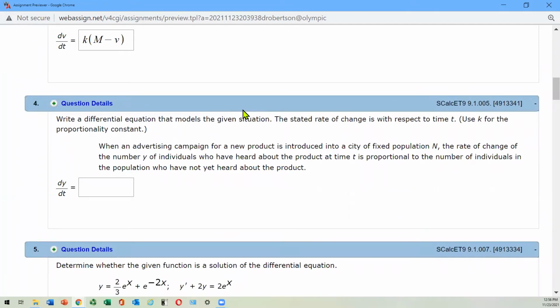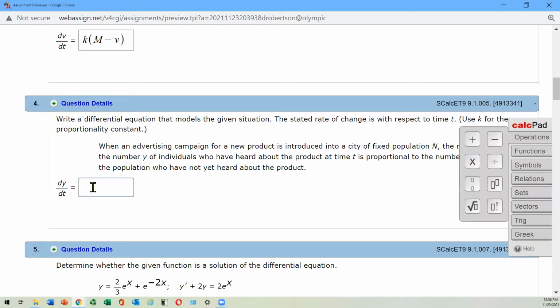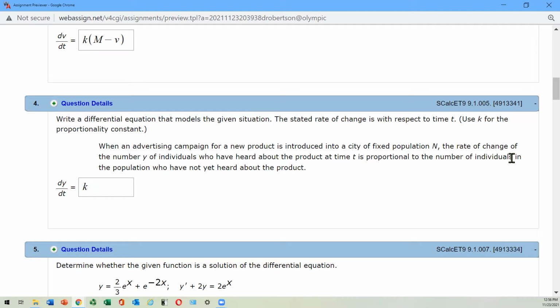When an advertising company has a campaign for a new product introduced into a city with a fixed population n, n is a constant, the rate of change of the number y of individuals who've heard of the product at time t is proportional, so proportional, to the number of individuals in the population who have not yet heard about it.